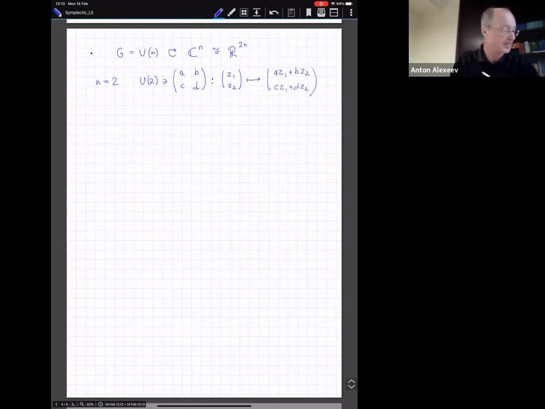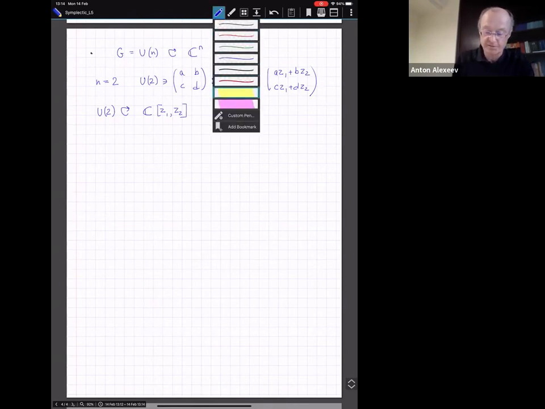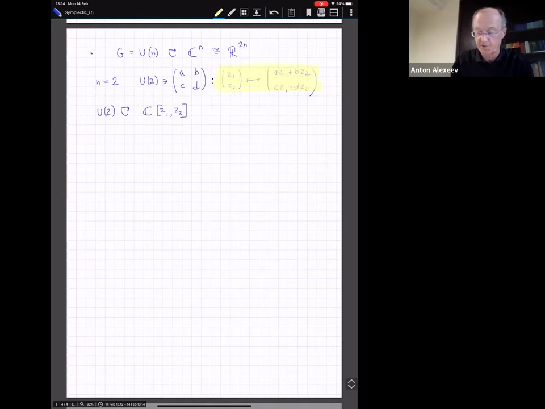Right. And now there is an interesting observation. It goes in any dimension, but in particular for U(2). In this way, we can induce an action on the space of polynomials in two variables. Up there, we were moving points of C^2, but now we want to act on polynomials by substitution, so we can act on functions.